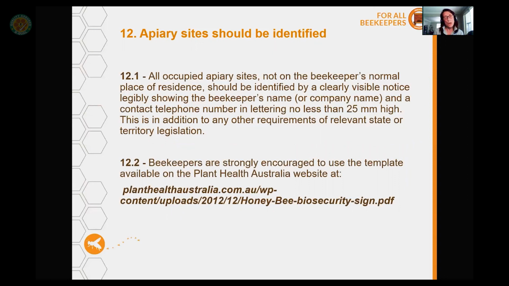Although hives are identified in most jurisdictions with brands or registration numbers, it does not facilitate rapid contact with hive owners. This requirement is not mandatory, but all beekeepers are encouraged to comply. It does not apply to hives or swarm catch boxes that are located on a beekeeper's normal place of residence.